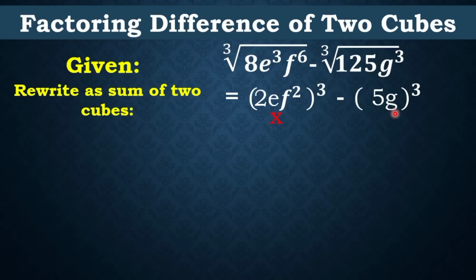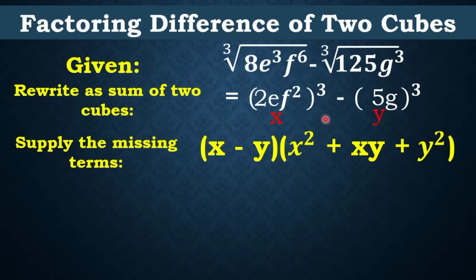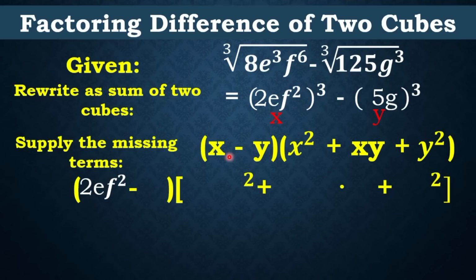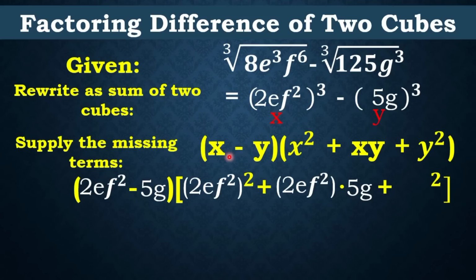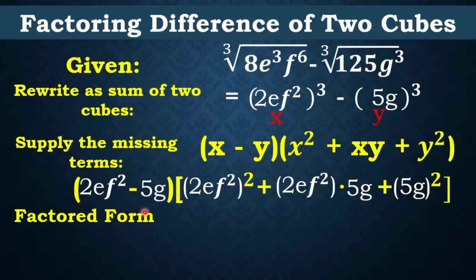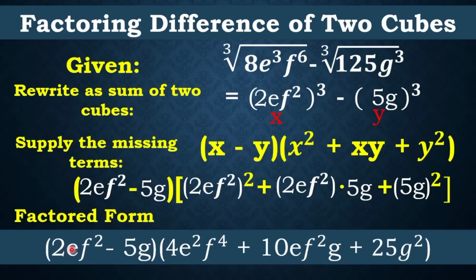So, meron na tayong first term and last term. Supply na natin yung mga terms na yan dito sa ating pattern. So, first term, 2ef squared. Ang last term natin, 5g. First term ulit. First term, last term ulit. Okay. So, we have now, our factored form is 2ef squared minus 5g. And then, simplify muna natin to. 2 squared is 4.